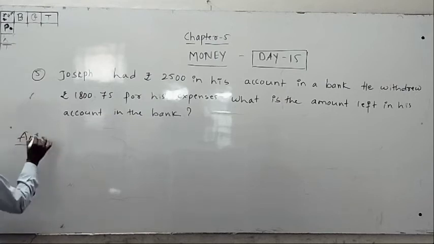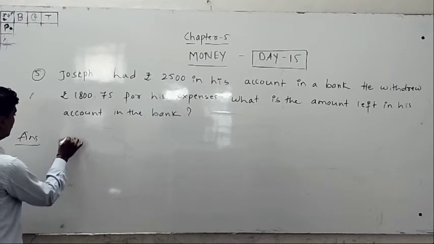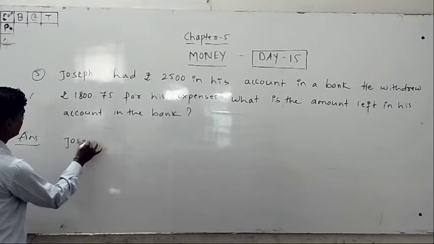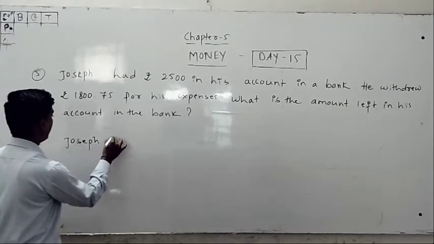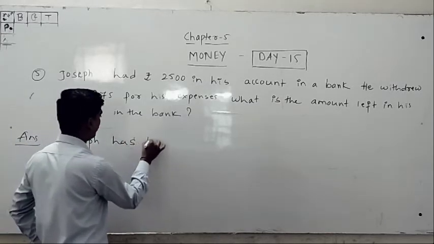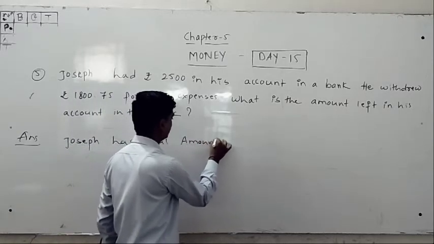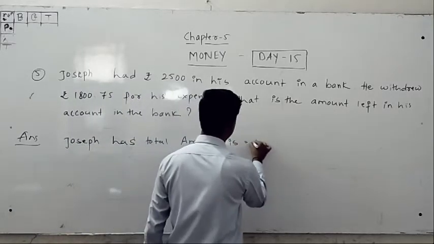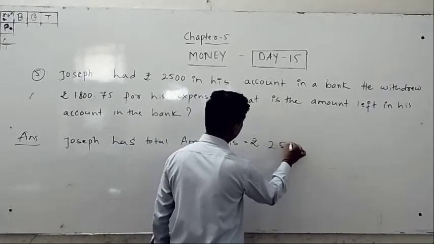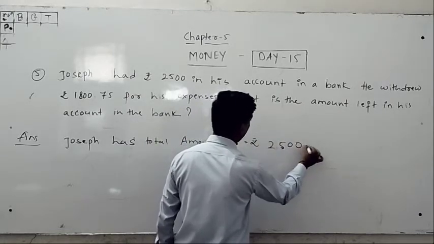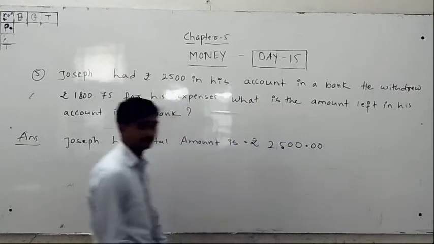Answer. Joseph has total amount is rupees 2500.00 paise.